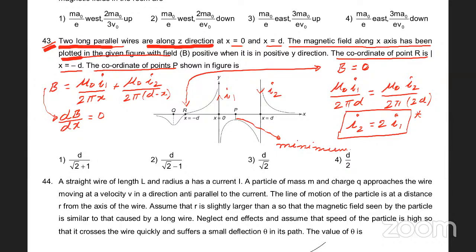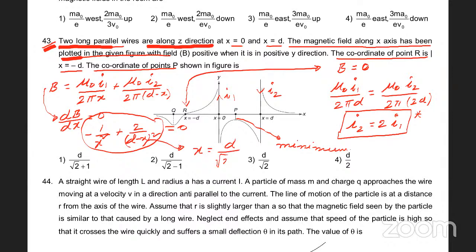I will get minus 1 by x square plus 2 by (d minus x) whole square equal to 0. Once you simplify this, you will get x as d by root 2 plus 1. This is the answer.